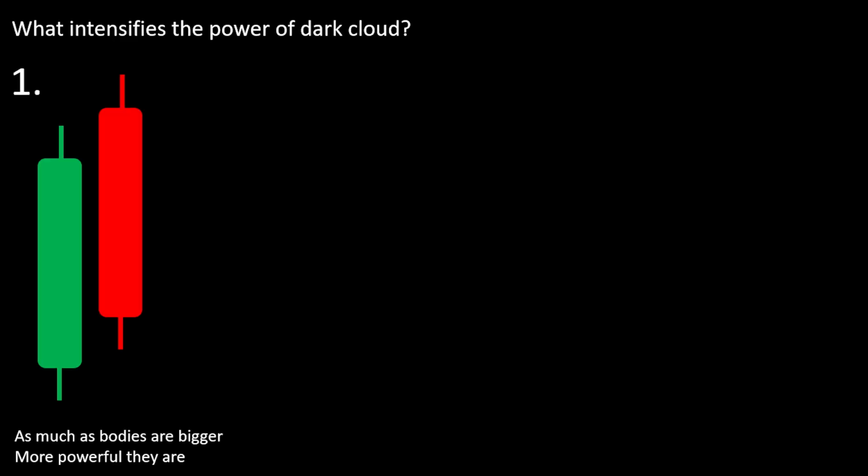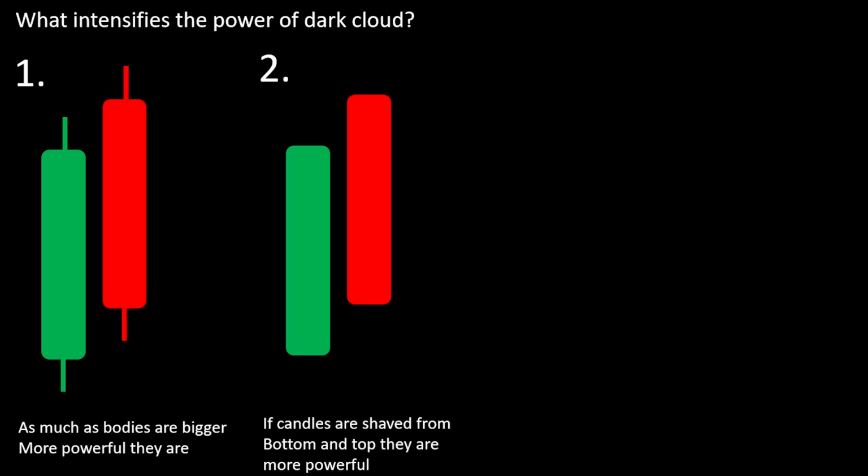So let's talk about the conditions which make these two patterns more efficient and more powerful. First, these two candles must be in the range of the biggest candles before them. Second, if these candles are shaved, meaning they do not have wicks, they will be more powerful.